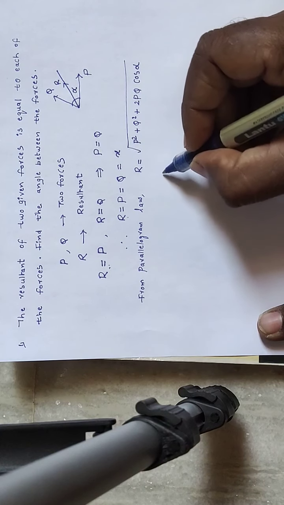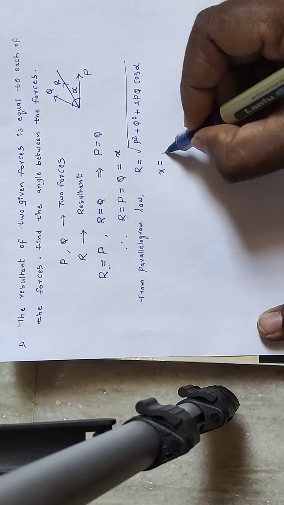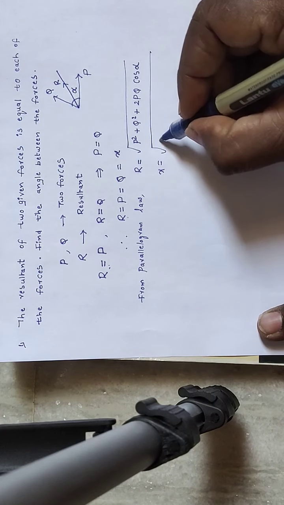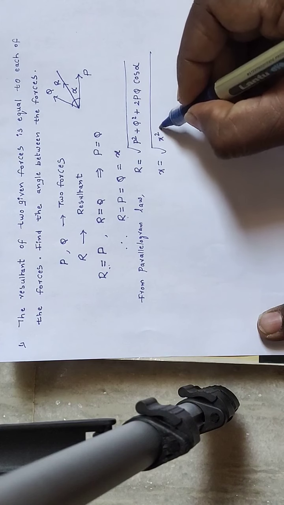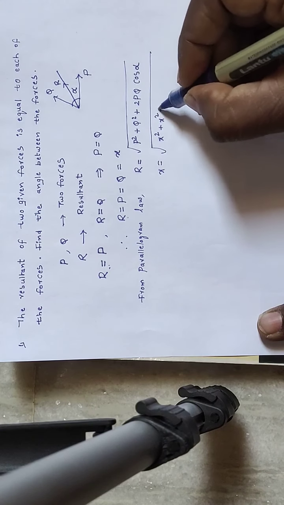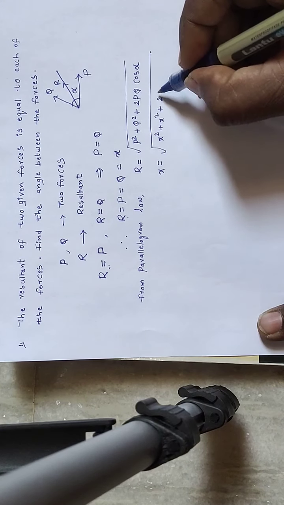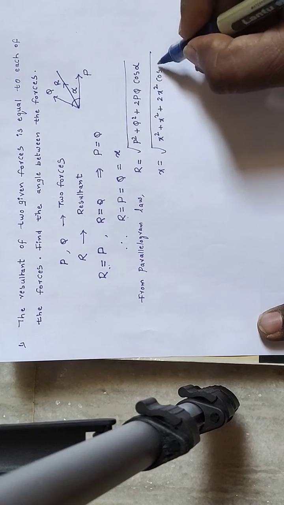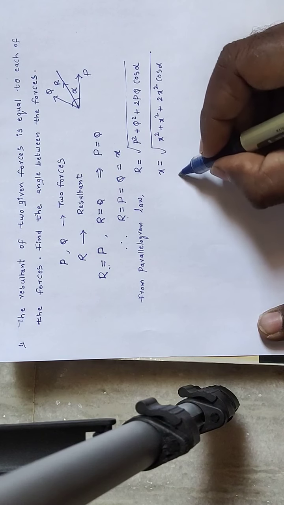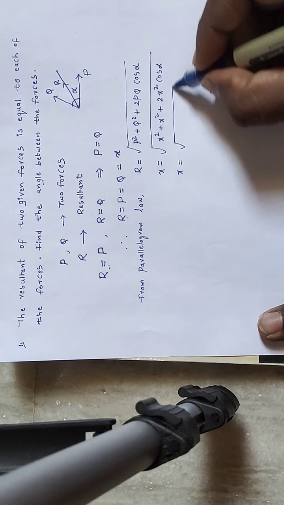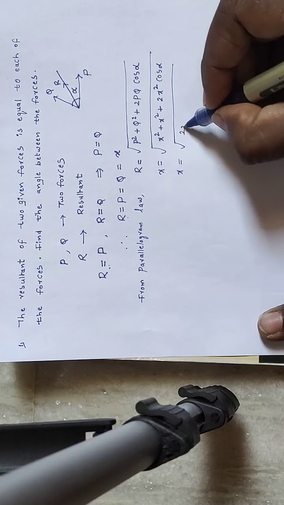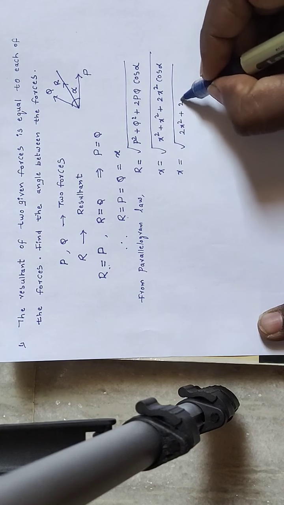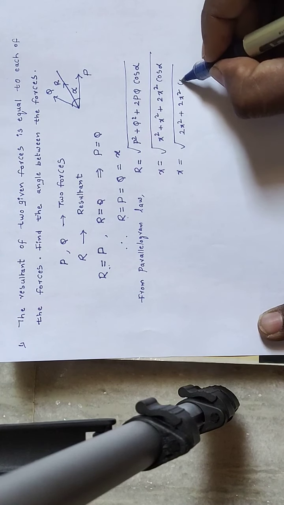So R means here X equal to, P is also X, Q is also X, 2P into Q, so X into X, X square cos alpha. X square plus X square, 2X square plus 2X square cos alpha.